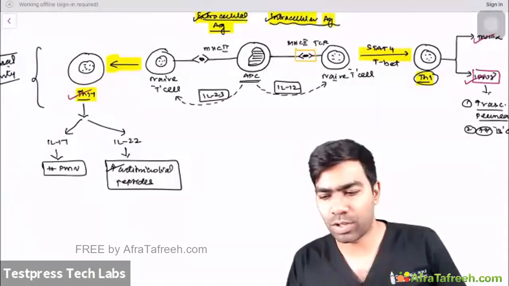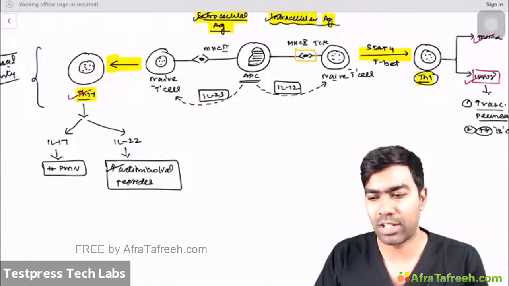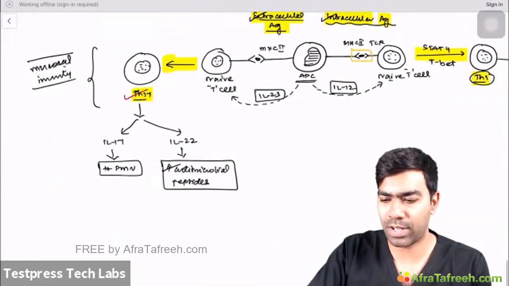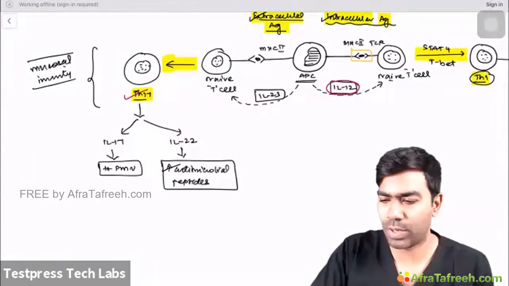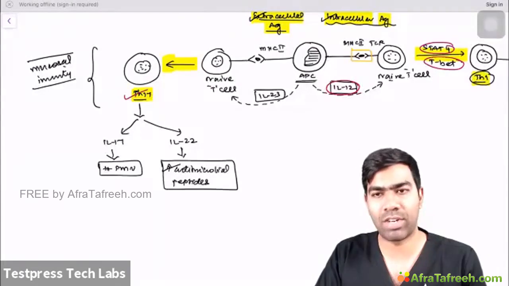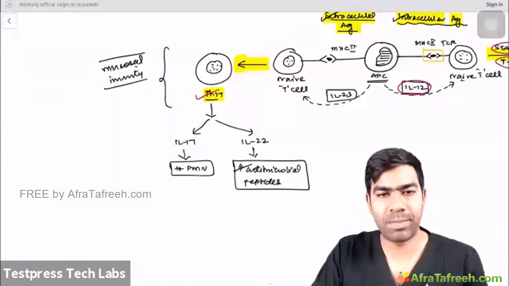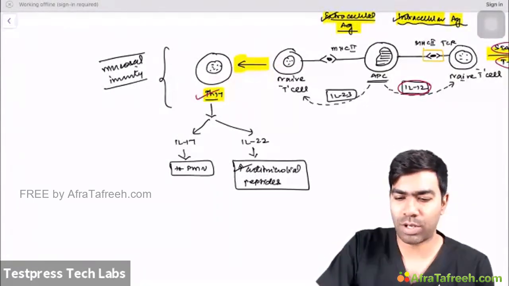That's also important for the movement of the naive T cell towards the T helper 1 pathway. So whenever you stimulate with interleukin 12, STAT4 and T-bet are the transcription factors that are going to be generated in the naive T cell that will move that particular T cell towards the T helper 1 clone.